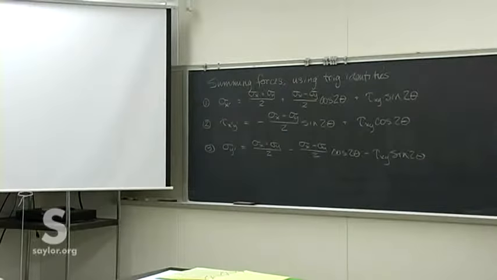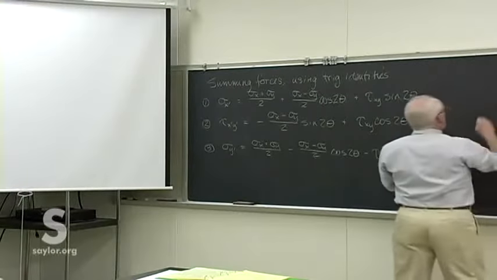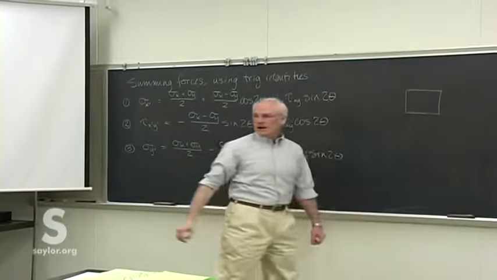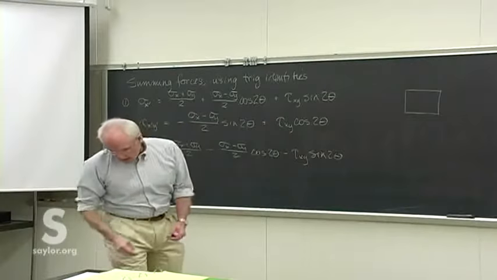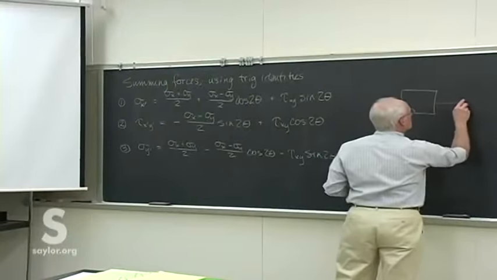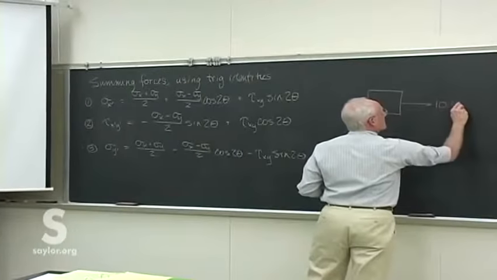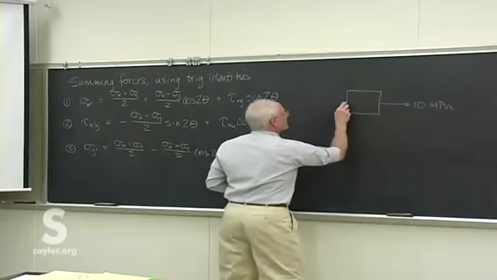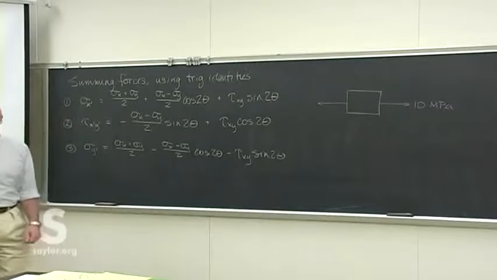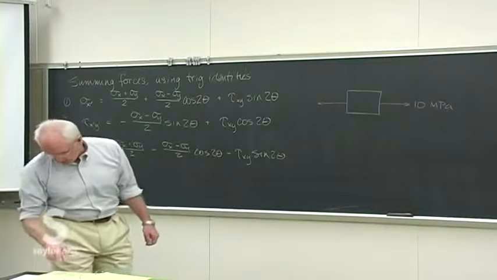So let's step through it and see how it works. We get some problem, just like the bracket problem we opened class with. We analyze it and determine that the x normal stresses are 10 megapascals.